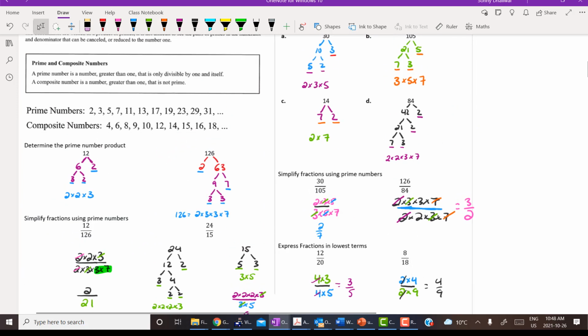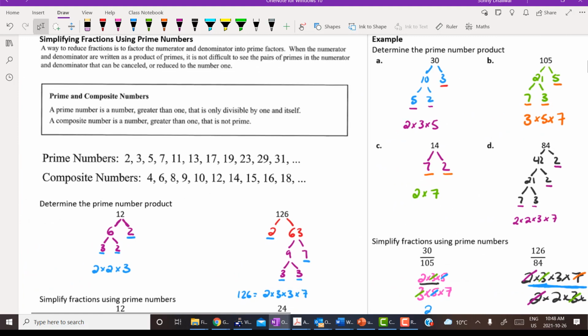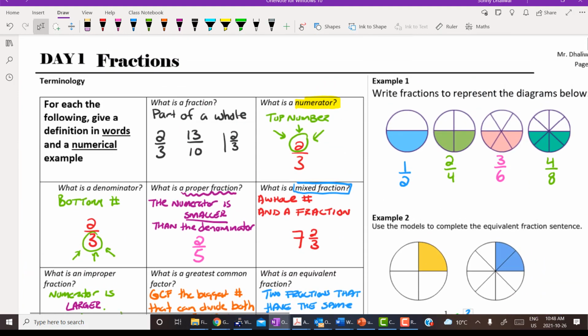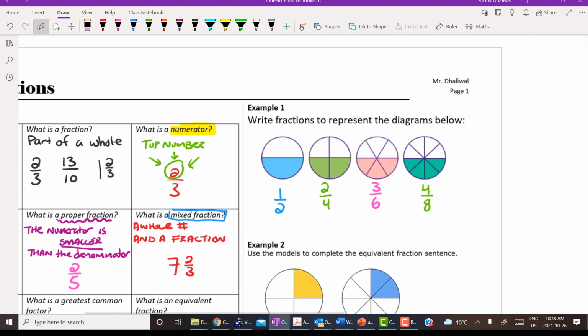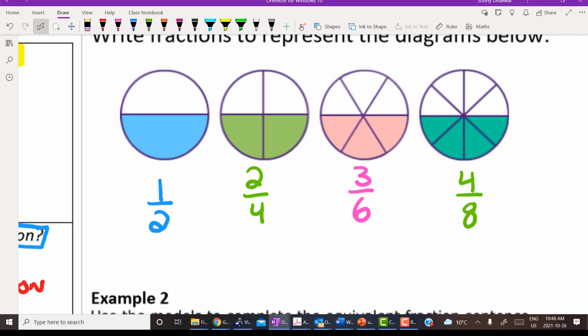Except there's one question on there that says, can you give me something that's equivalent? Remember what equivalent means? Equivalent means, can you give me the fraction that has the same value? Like all of these fractions are equivalent because they have the same value.